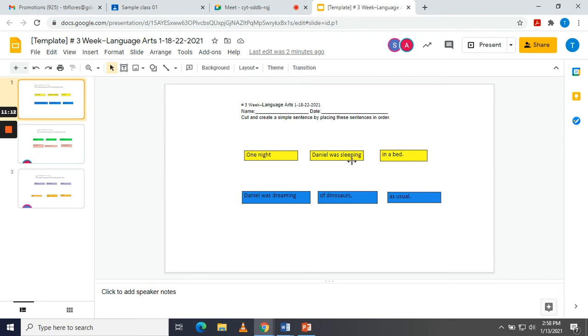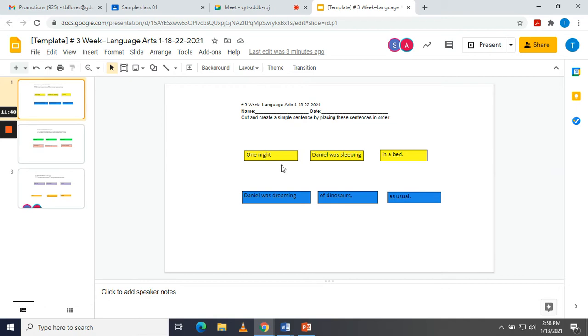You don't need to use these rectangle borders, but I used it because the student will identify that it is a sentence strip, and it's just based on preference. But I hope that you enjoyed my interactive slide, and I hope that this would be helpful to your students that may be working on this skill.